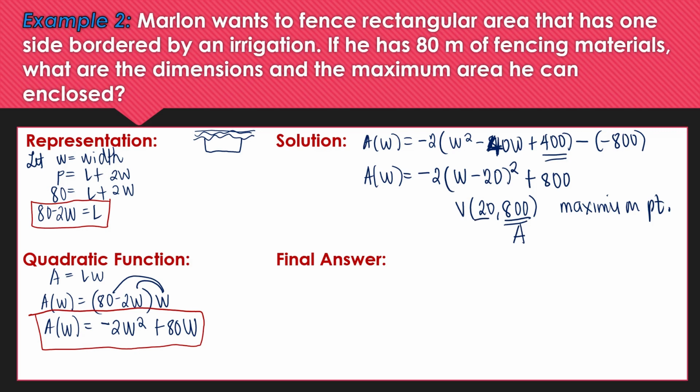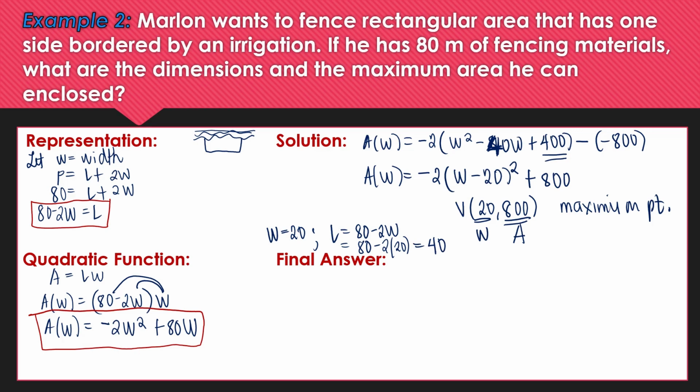And the value 20 is the dimension referring to the width of this maximum area. So the width to be used is 20. For the length, that is equal to 80 minus 2W, so 80 minus 2 times 20. That is 80 minus 40, which is 40.